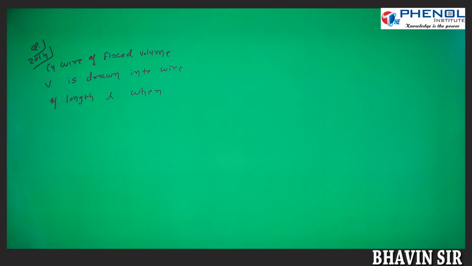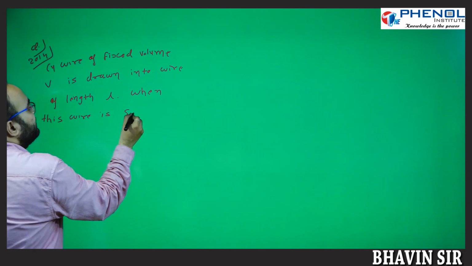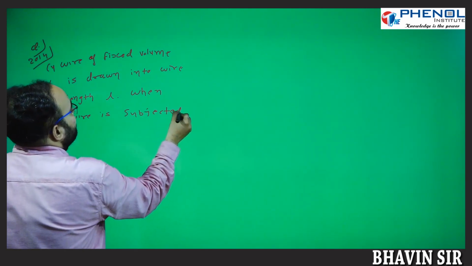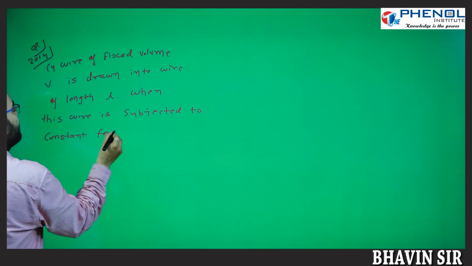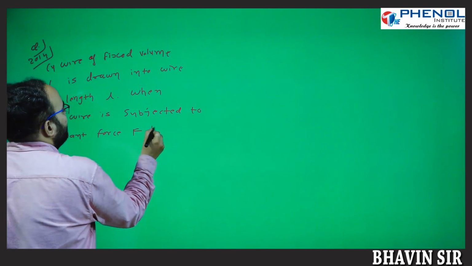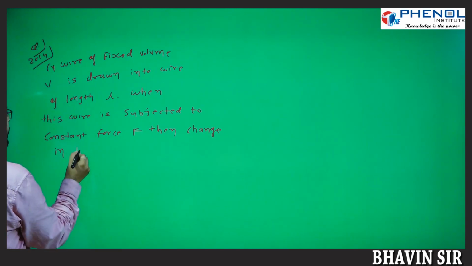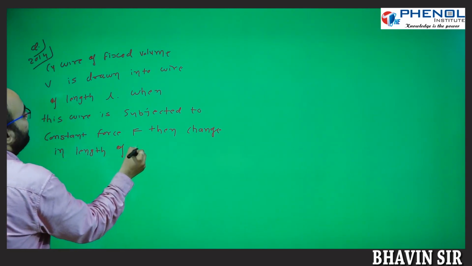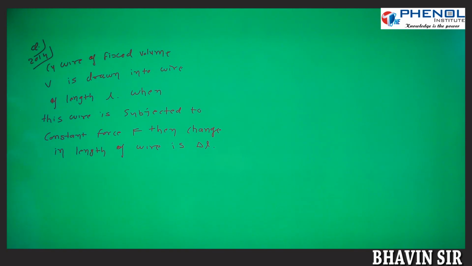When this wire is subjected to a constant force F, then the change in length of the wire is delta L. Chalo, a copper wire of fixed volume V is drawn into a wire of length L. What is the length of the wire?